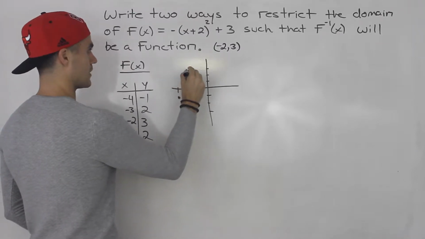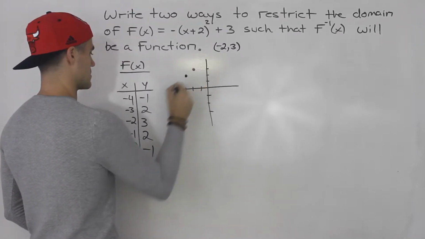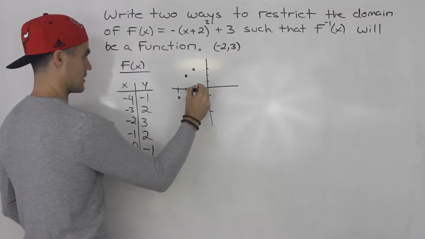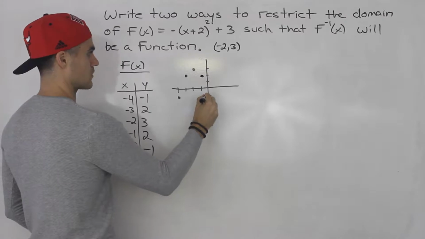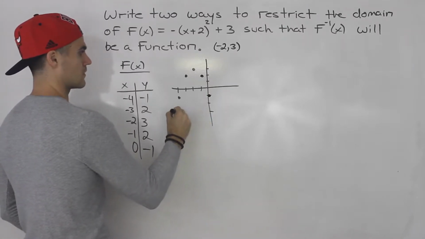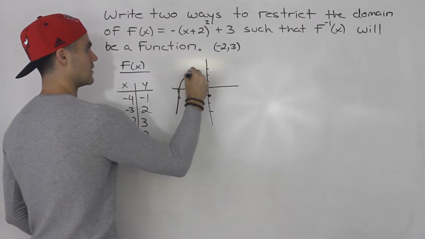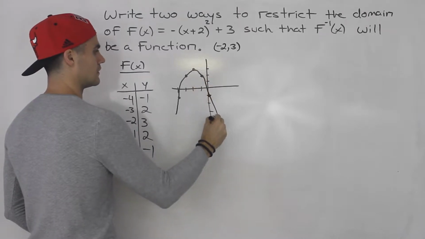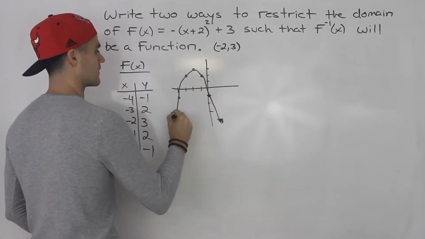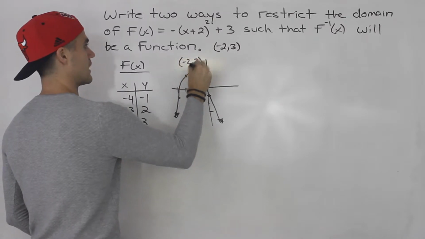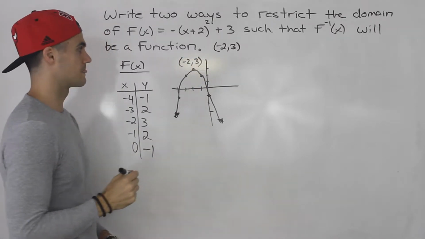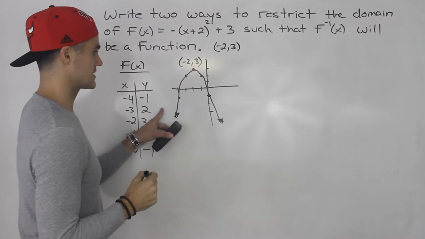And then negative 2 and positive 3, that is up here. Negative 1 and 2, that's over here. And then 0, negative 1, that's right there. Right? So this parabola looks something like that, where that vertex is negative 2 and 3, like that. So this represents f of x.